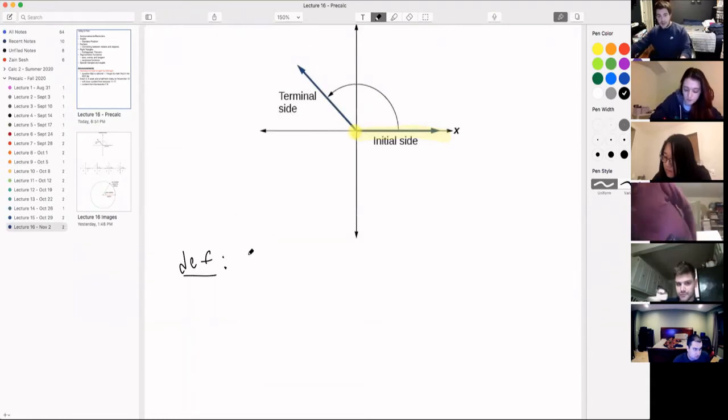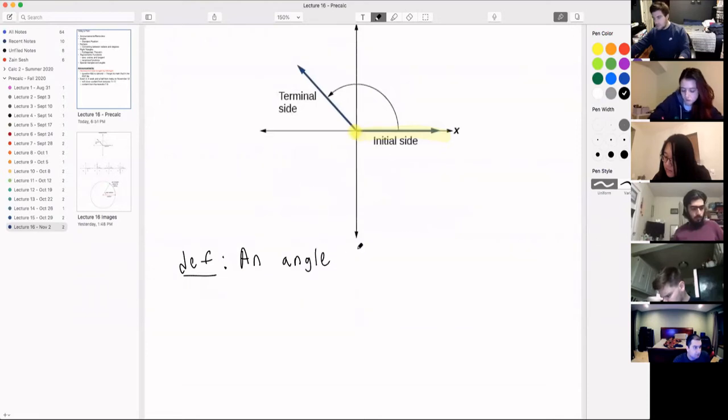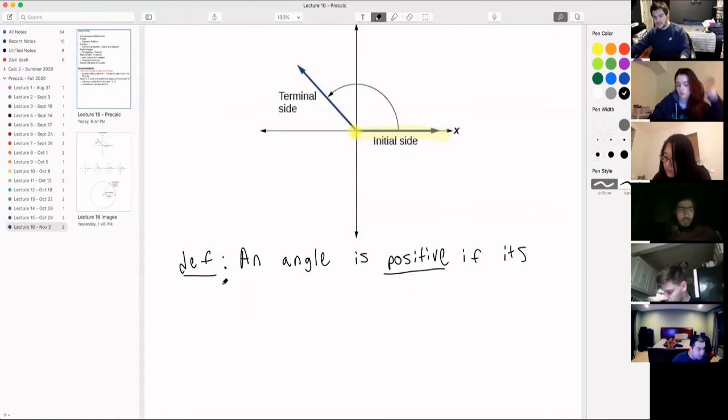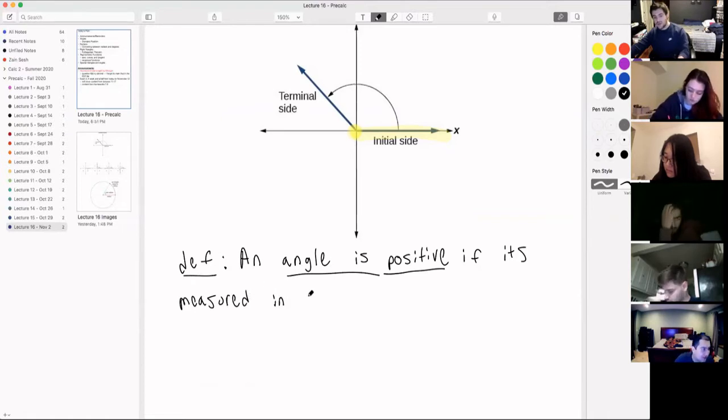Okay, so positive, negative. An angle is positive if it's measured in the counterclockwise direction.